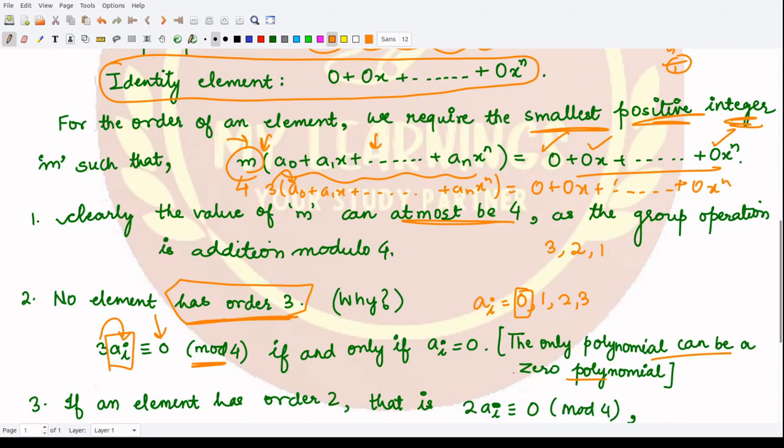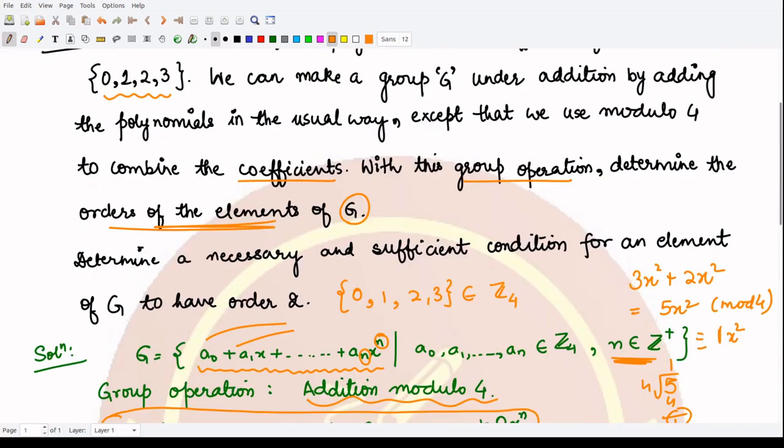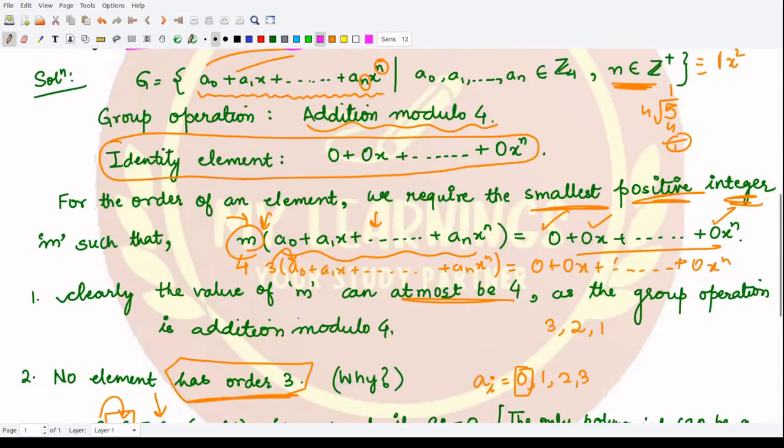What about order 2? In the next question they are also asking you to determine a necessary and sufficient condition for an element to have order 2. So let's discuss the order 2 case and the condition which becomes necessary and sufficient for the order to become 2.